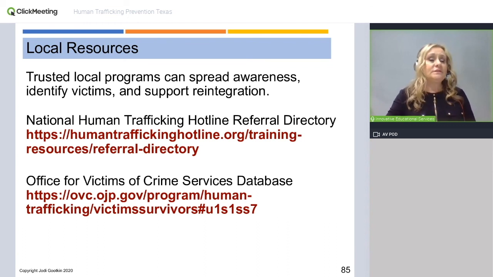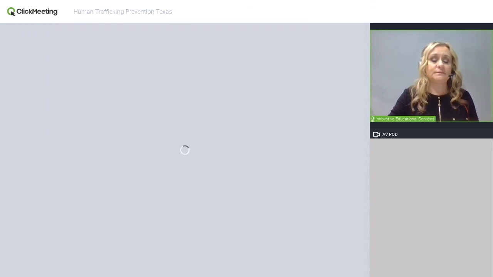There are several different databases available through the National Human Trafficking Hotline as well as the Office for Victims of Crime to search for local services in your area that you can have available to provide victims.